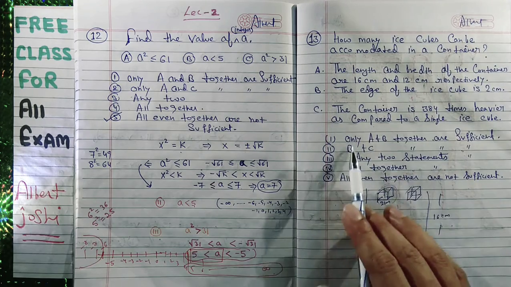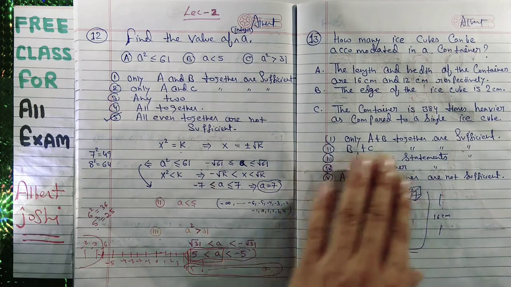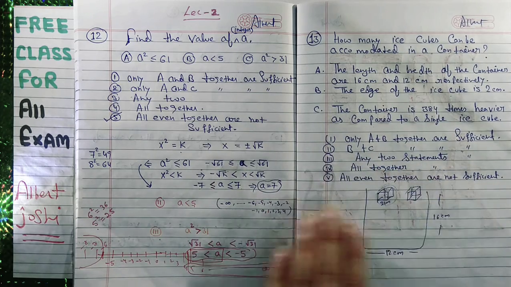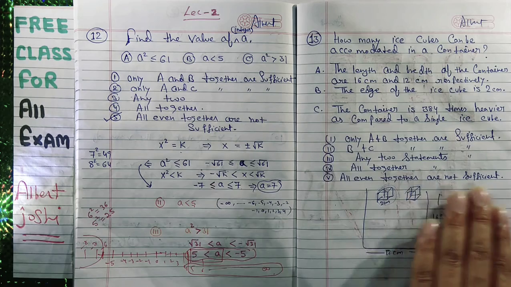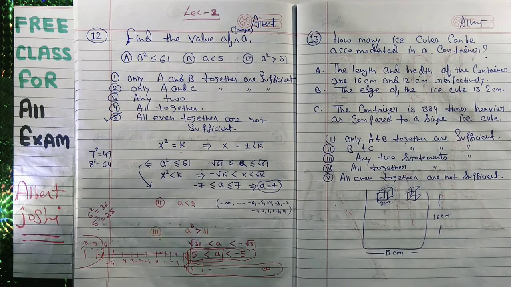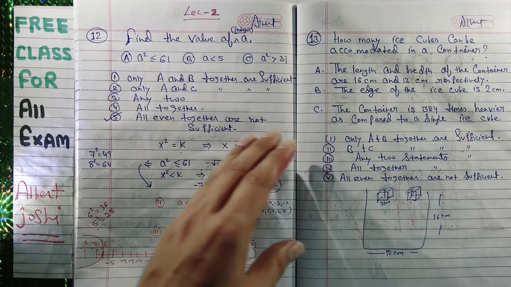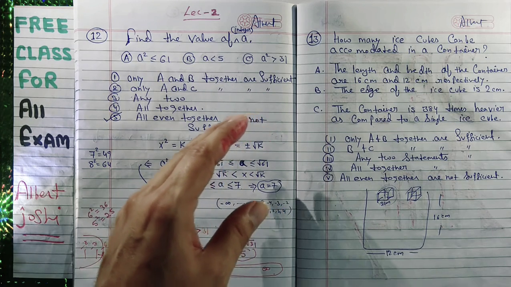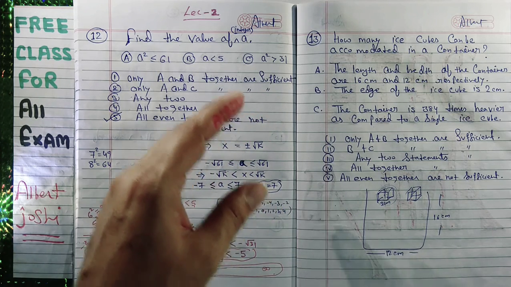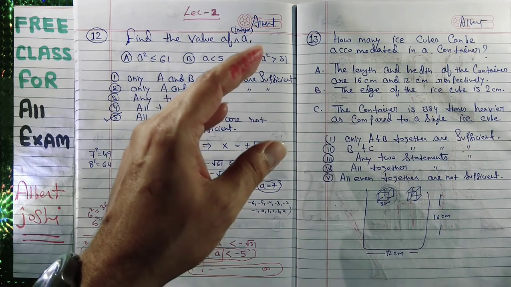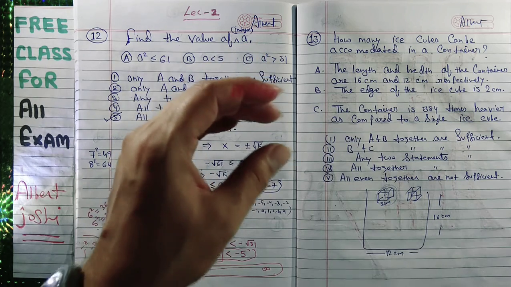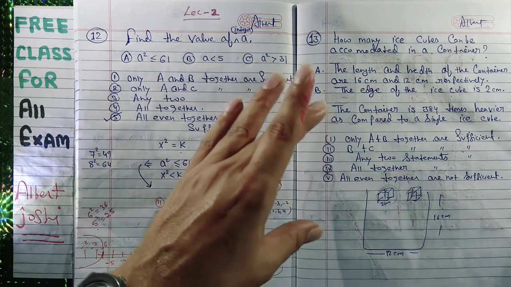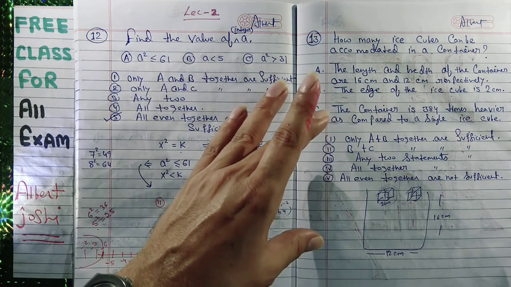Now he is asking whether only a and b together are sufficient, b and c together are sufficient, any two statements together, or all even together are not sufficient. So now you have to think about this question. To get the required number of ice cubes, we need the volume of the container as well as that of the ice cube.